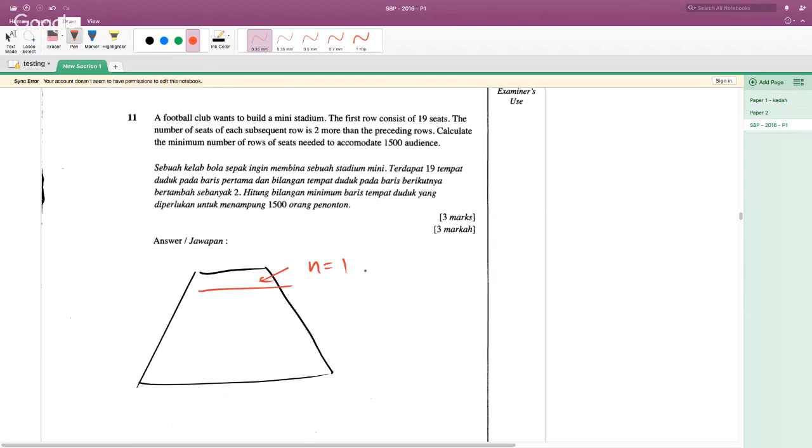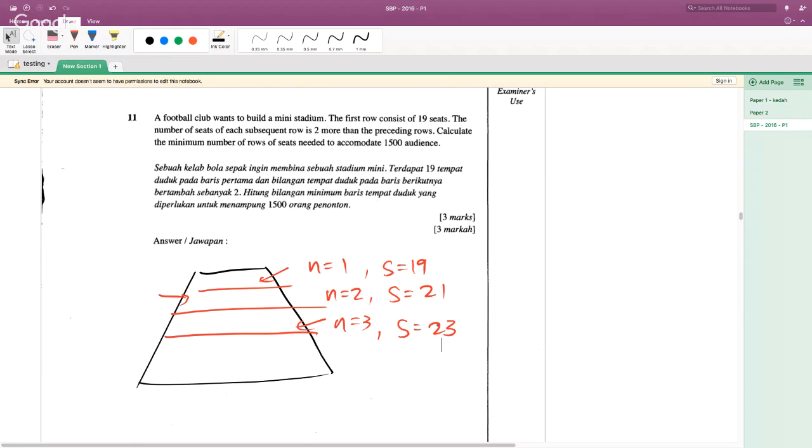When n equals 1, the seats are 19. In the second row it's 2 more, so when n equals 2, it's 21. When n equals 3, the third row is plus 2 again, 23.